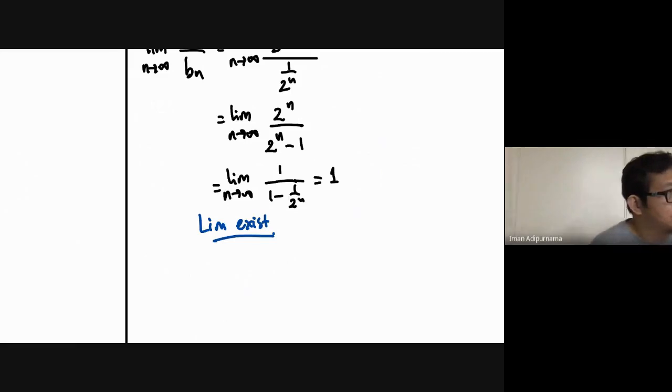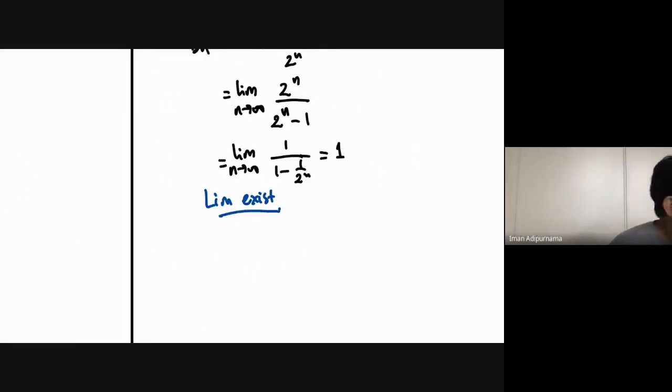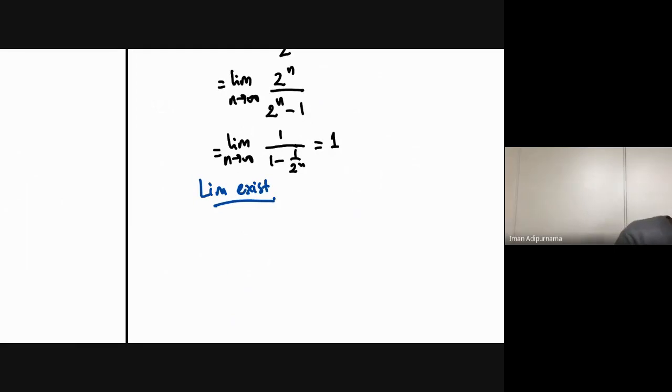So to determine whether the series converges or diverges, we can write down: because this is convergent, right?